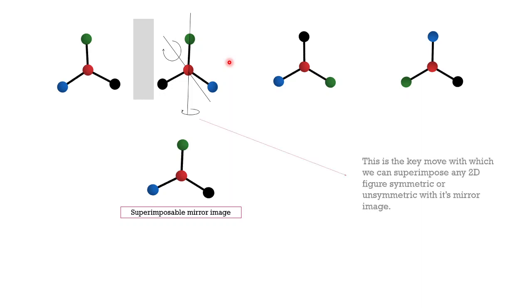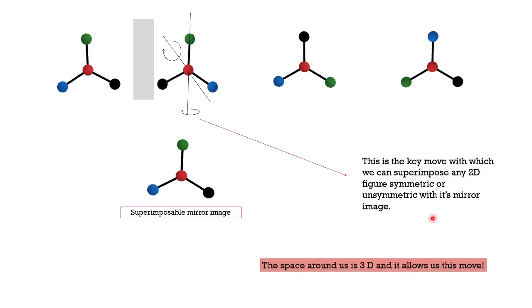So this is the key move. No matter how unsymmetric a molecule is in 2D, you can always take the mirror image and flip it like this to make it superimposable. This is the key move here. This was possible because of the third dimension of space. So we still don't have chirality with planar structures.